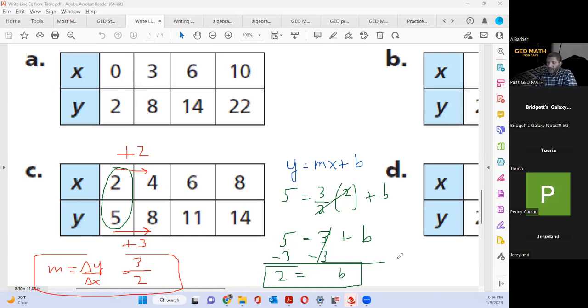Don't all answer at one time. Can somebody tell me the equation of the line, if we know the slope is 3/2 and the y-intercept is 2?